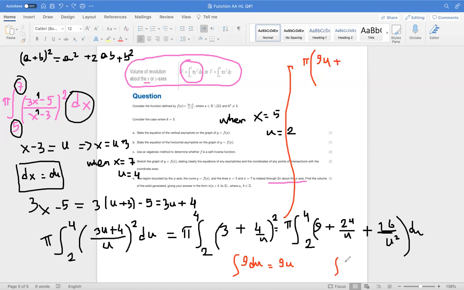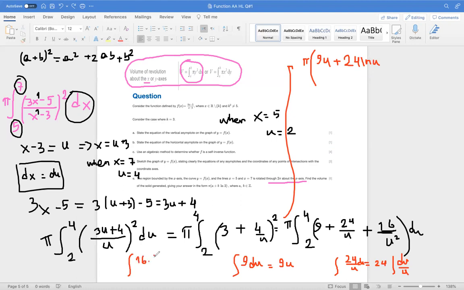Okay, let's try this one. 24 over u, we can just move 24 outside. Let's say this is du. Du over u is ln u. Okay, so 24 ln u. And the last one is 16.